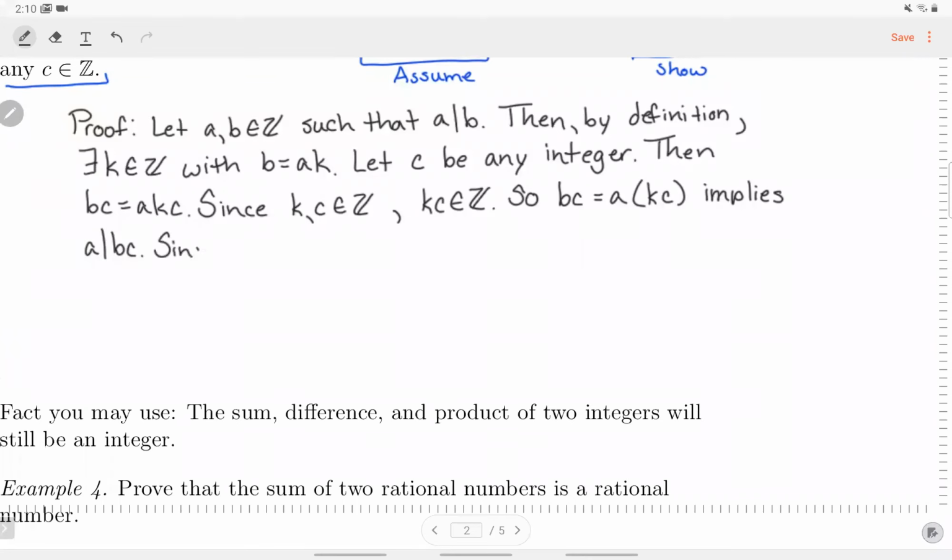We're going to say since c was arbitrary. What I mean by that is c didn't depend on anything else. It could have been any integer I wanted. Okay. So since c was arbitrary, a divides bc for every integer c. And now I'm going to box it off. Done.